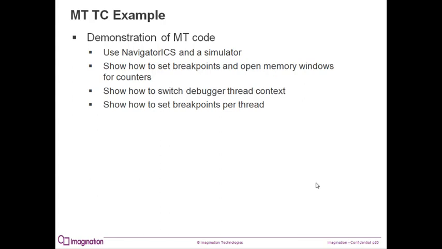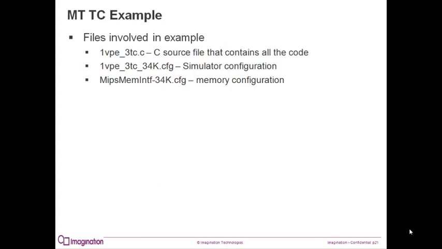The example will use Navigator ICS and the MIPSIM Cycle Accurate Simulator. I'll set breakpoints and open a memory window to examine the counters. I'll switch between the threads to show each thread's context, and I'll show you how to set a breakpoint on a per thread basis. The project contains 3 files. The 1VPE3TC source code file contains all the source code.